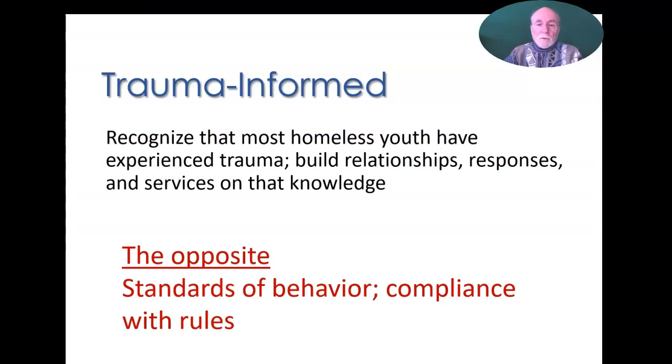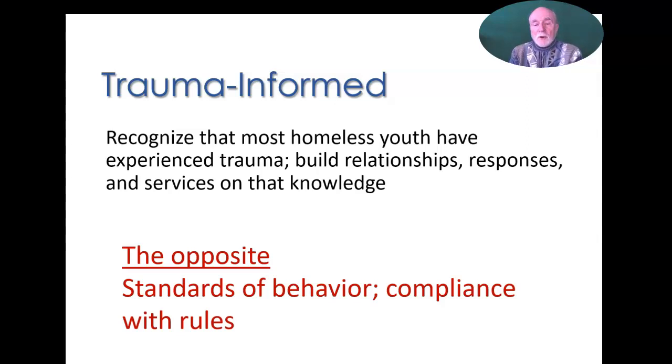Another example of a principle was being trauma-informed. Recognize that most homeless youth have experienced trauma. Build relationships, responses, and services on that knowledge. The opposite approach would be to set standards of behavior and compliance with rules. Trauma-informed programs meant that they would recognize that young people who have been traumatized might act out, might be assertive, might be resistant to following certain rules, and as long as they were not a threat to themselves or others, the programs would try to work with them.